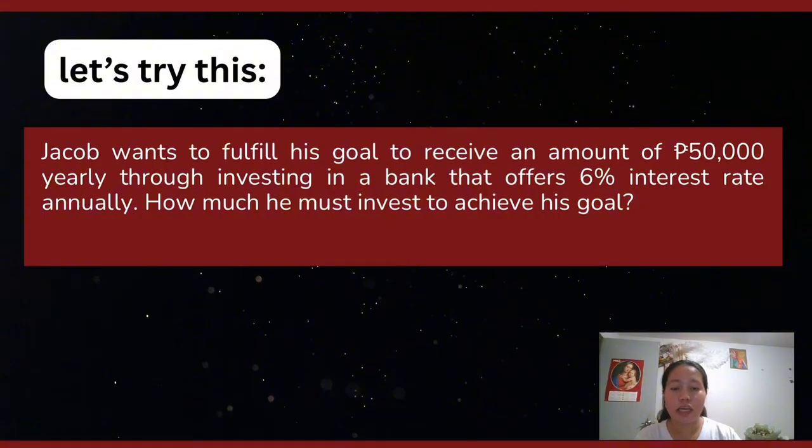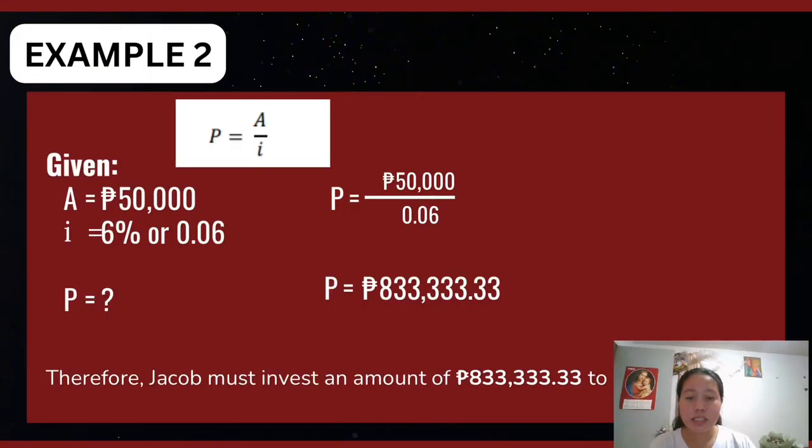So first things first, let's write down the given details based on the situation. We have A is equal to 50,000 pesos, which is the annual payment he wants to receive. And our I is 6 percent, or 0.06, per annum, which is our interest rate. Since Jacob wants this payment to continue yearly without an end, this is a perpetuity, a stream of equal payments that goes on forever.